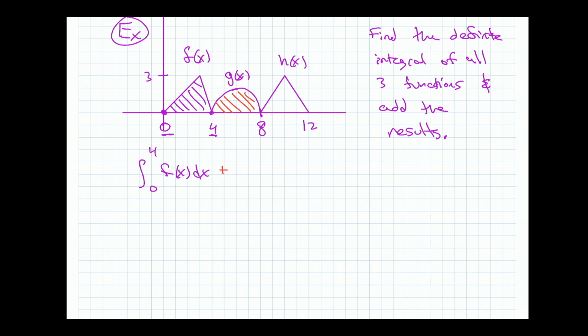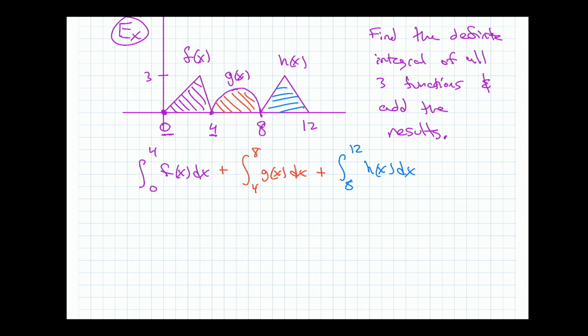That's going to be the function from 4 to 8, right? Those are the numbers on the x-axis of g. And then the last one, this area, that's going to be an integral from 8 to 12. Again, the numbers on the x-axis on the left and right sides, and the function would be h of x. So that's formally what that is.